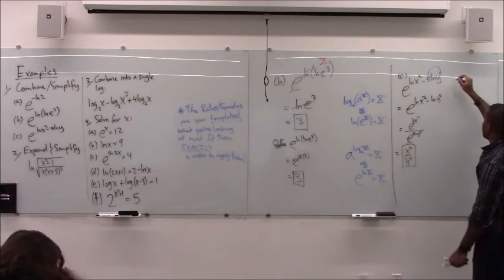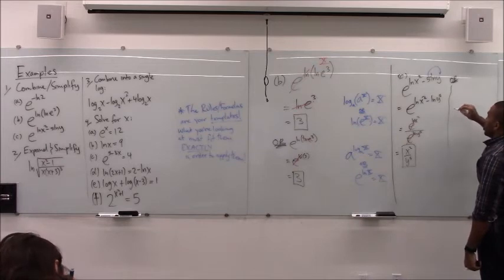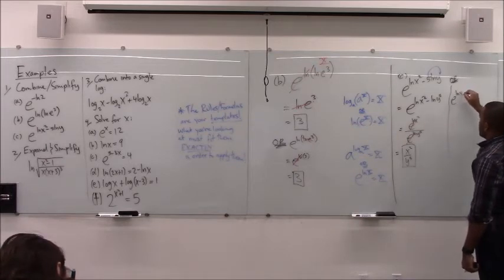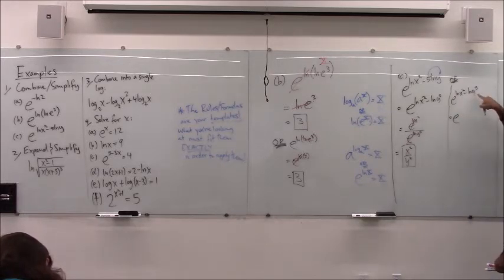This one you could also do in multiple ways. Another way you could have done it is like this: ln of y to the 5th. And then there's a rule that says you can combine a subtraction of logs. Log of something minus log of something else gives you what? ln of a minus ln of b is ln of a divided by b.